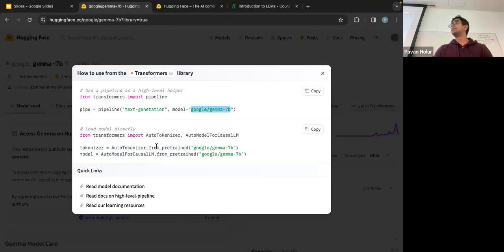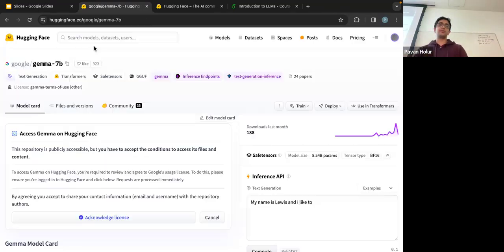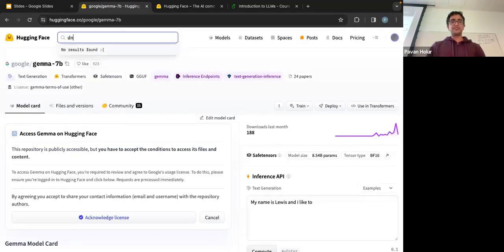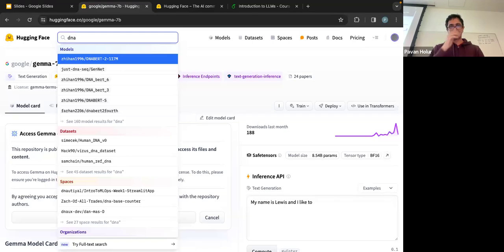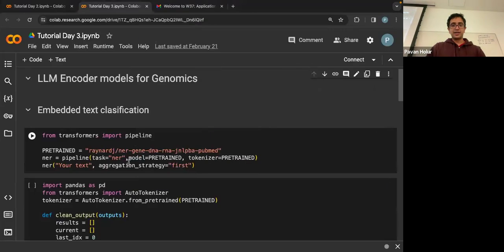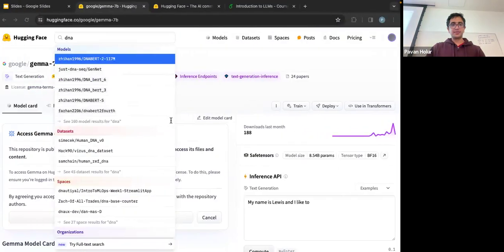Makes sense. Okay, so I was excited about this, and using the same process, I went and said, okay, do something with DNA, because I wanted to make it somewhat relevant. I ended up finding this one really nice model that I want to share with you.